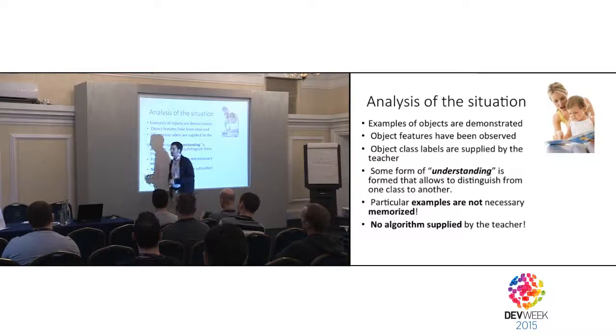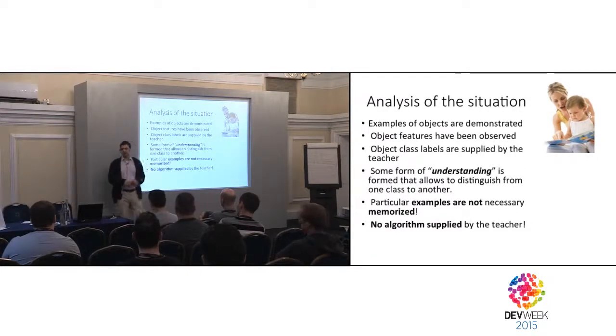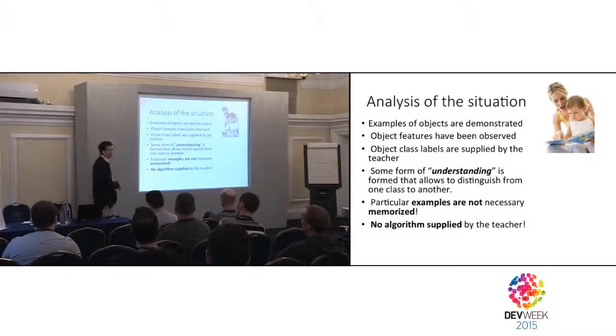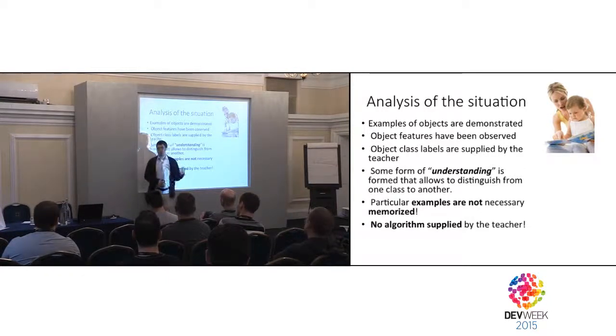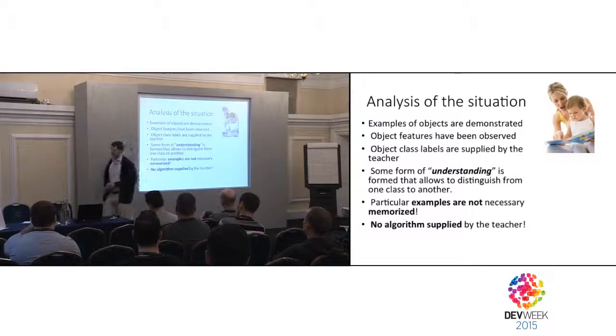Nevertheless, you are easily differentiating between different people and objects without the need of memorizing exact images in your brain. And the other point here is that no algorithm was supplied by the teacher to the learner. Just the objects, their features, and class labels.